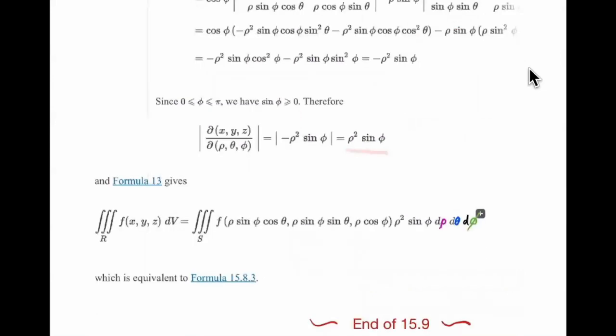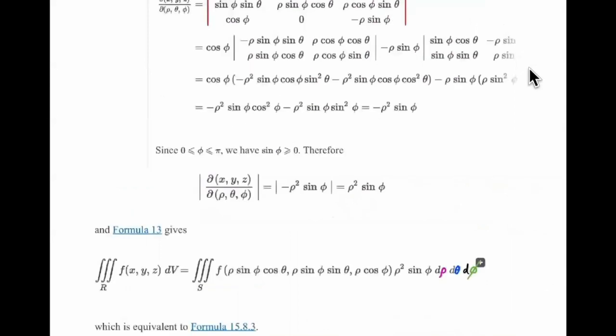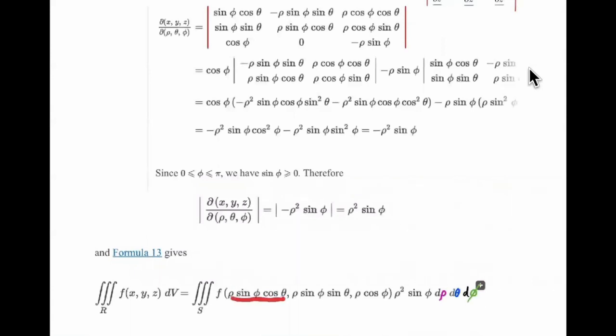Now using the formula there, the triple integral over a solid R is equal to a triple integral where we replace x by rho sine phi cosine theta, y by rho sine phi sine theta, and z by rho cosine phi. The absolute value of the Jacobian is rho squared sine phi, which is this one over here, and then d rho, d theta, d phi.